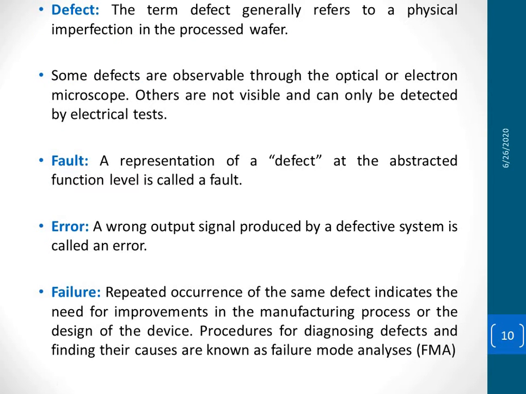But what is a defect? The term defect generally refers to a physical imperfection in the processed wafer. Some defects are observable through an optical or electron microscope. Others are not visible and can only be detected by electrical tests.